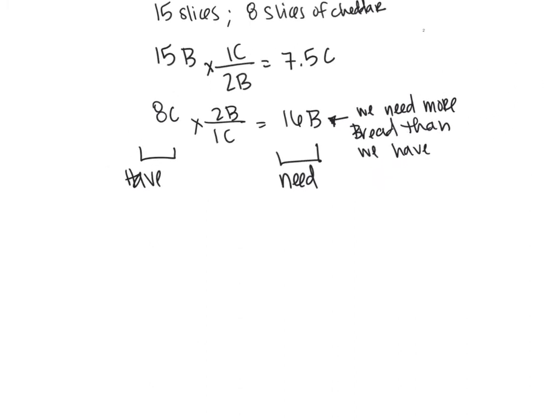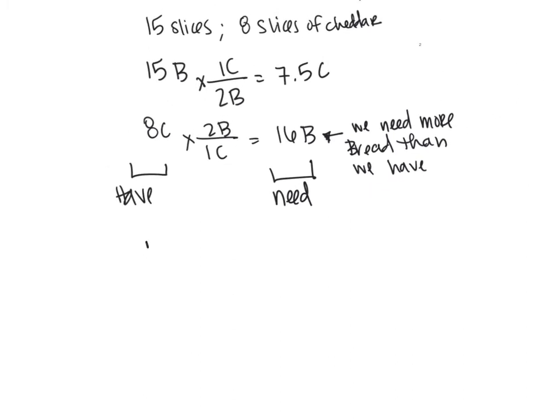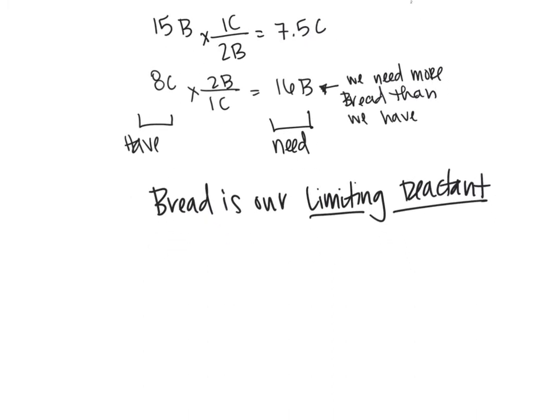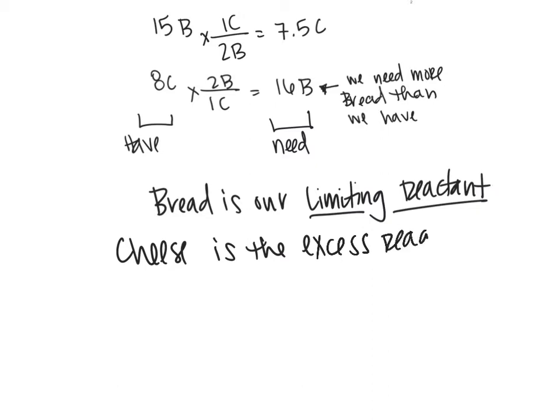So in this case, what we want to say is that bread is our limiting reactant. And the other thing that we're going to say is that means that cheese is the excess reagent.